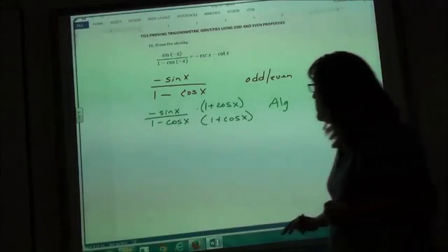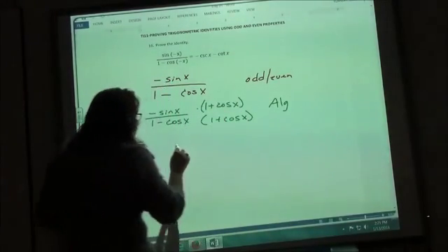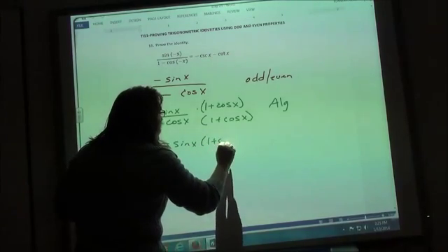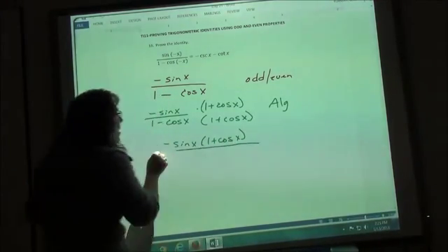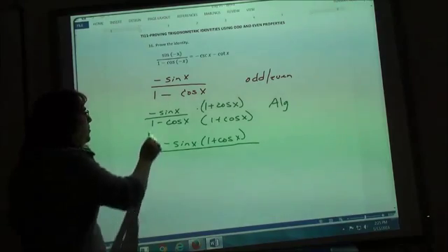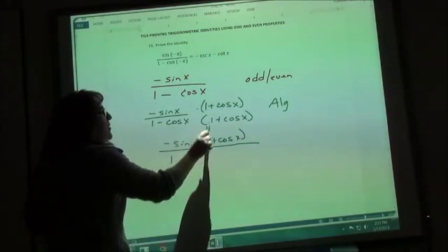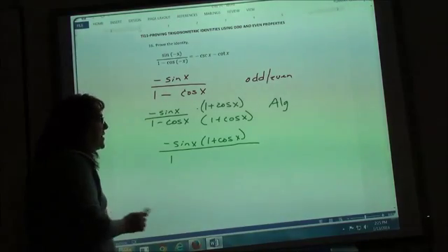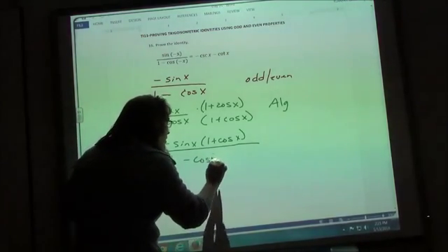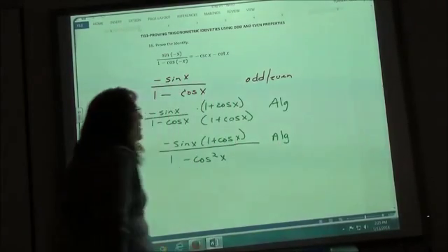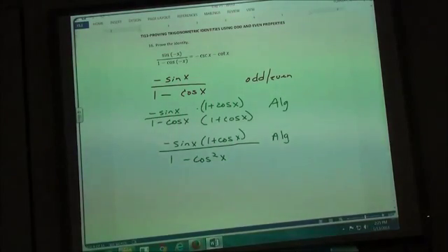So again, on this one, I'm just going to leave the top how it is. Negative sine of x times 1 plus the cosine of x. On the bottom, when I FOIL that out, I get 1, plus cosine of x and minus cosine of x, which cancels out, minus the cosine squared of x. Again, that's just plain old algebra multiplying that out.